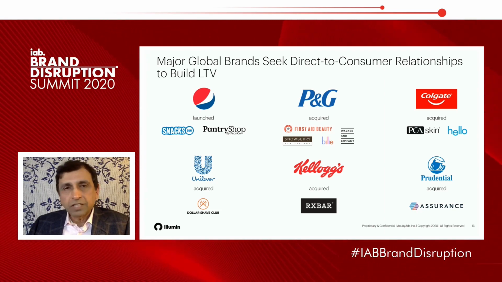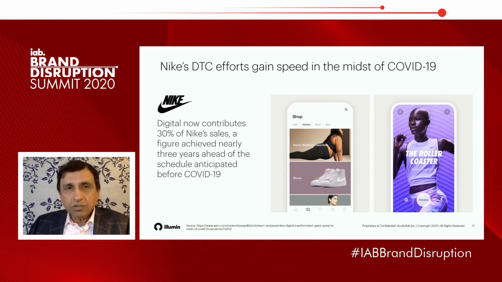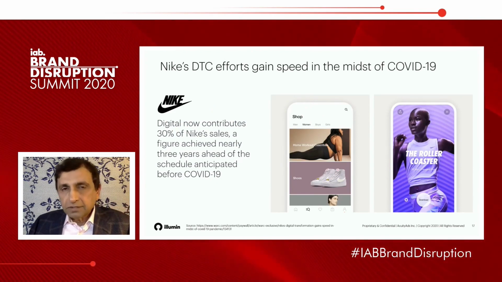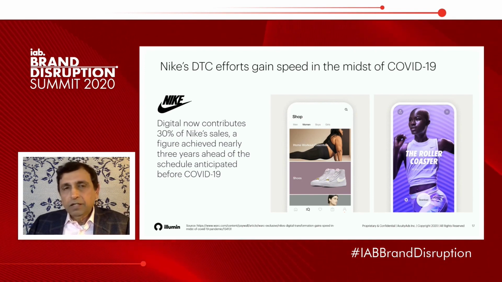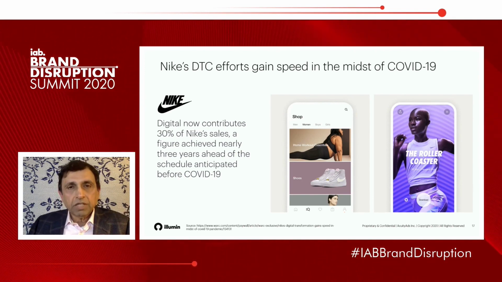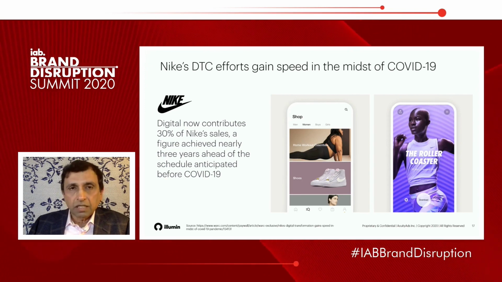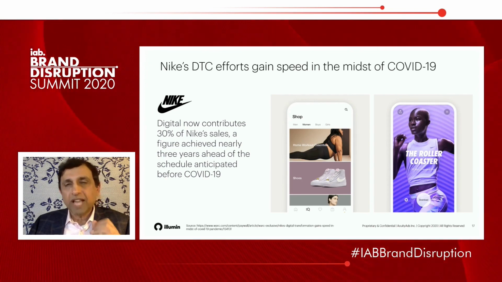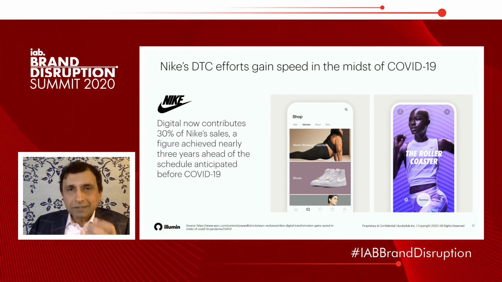Of all the players, here is the one that's actually proven it with real business. Nike started just a few years ago shifting a lot of emphasis to direct to consumer because they have some very interesting things to offer. This is the first year they're going to deliver over 30% of their revenue through Nike.com. I mean, this is DTC live.